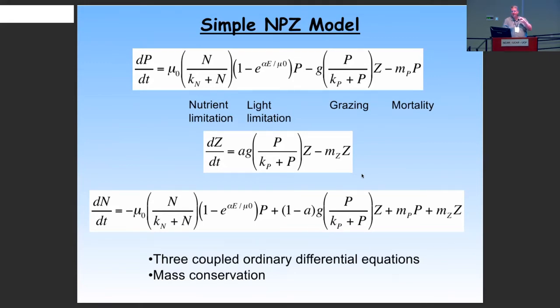But if you represent all of the arrows in that pool, you need to represent things like growth, which this first term is growth, which depends upon a limiting of the nutrients and light. There's grazing, so the phytoplankton are being grazed by the zooplankton, and there's a parameterization of how much grazing takes place. And there's a loss term, mortality.